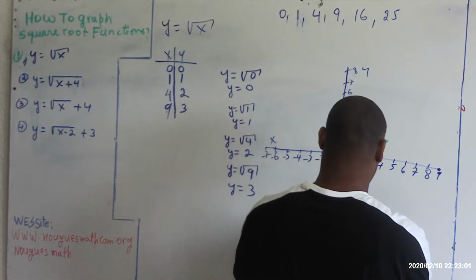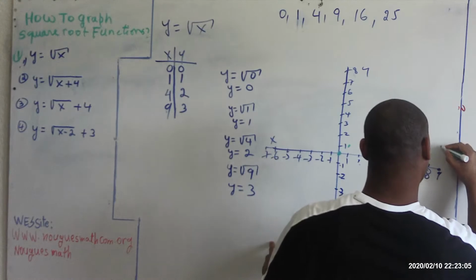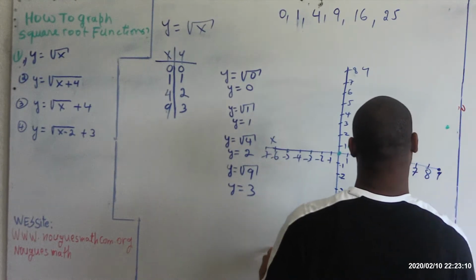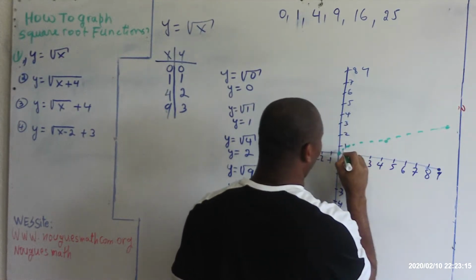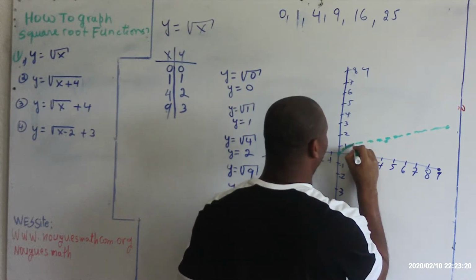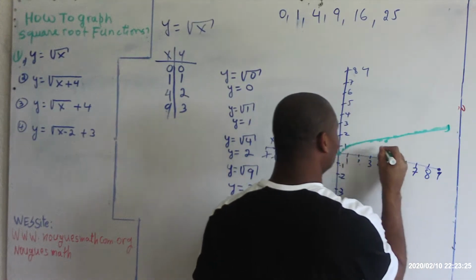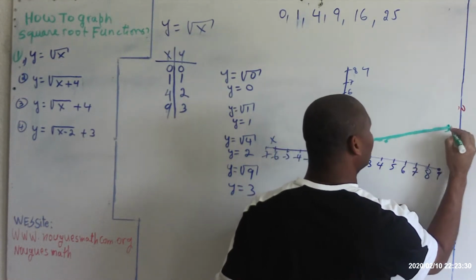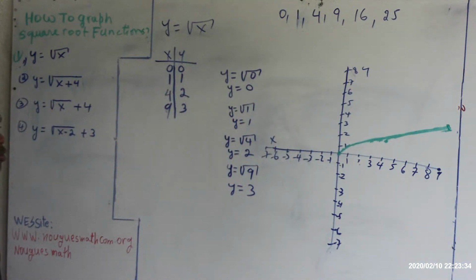So we have the point 9, 3. That's 3 right there. So now that's going to be our graph. Very good. That's basically our graph. Perfect. That's the original graph.